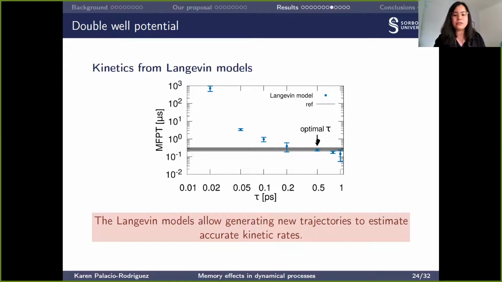But if you go to the optimal values of tau that we show through these diagnostics, you find mean first passage times that are of the order of magnitude of the reference. So you find accurate mean first passage times for the accurate Langevin models.